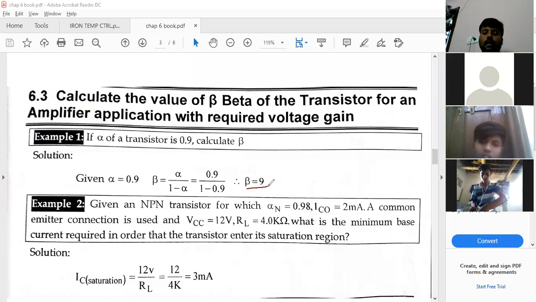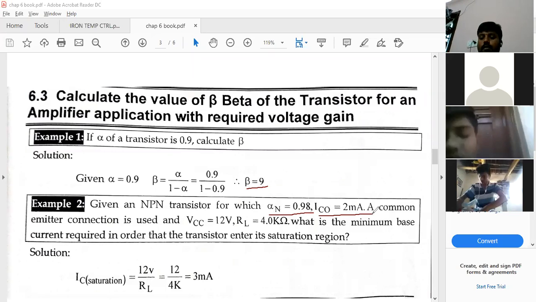Okay, so let us take another example. An NPN transistor is used as a switch for which alpha is 0.98, and the ICO value is also given. A common emitter connection is used, and VCC is 12 volts and load resistance is 4 kilo ohms.